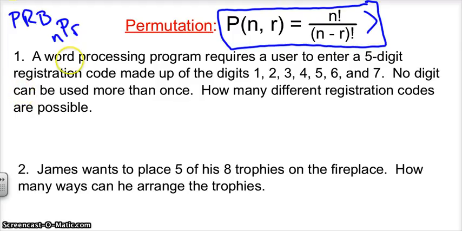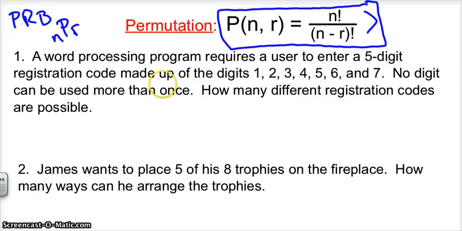So for number 1, we have a word processing program that requires a user to enter a 5-digit registration code made up of 7 digits. No digit can be used more than once. How many different registration codes are possible? Well, order is important, so yes, order is important in word processing codes.